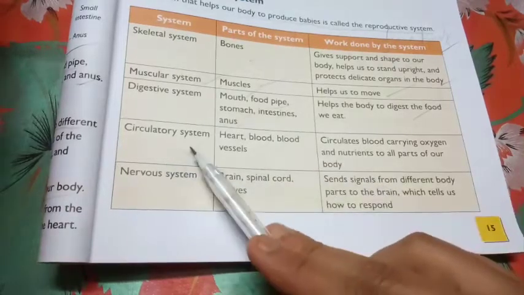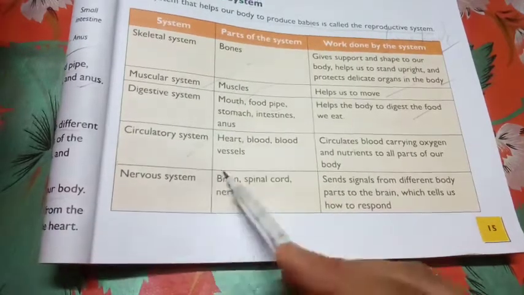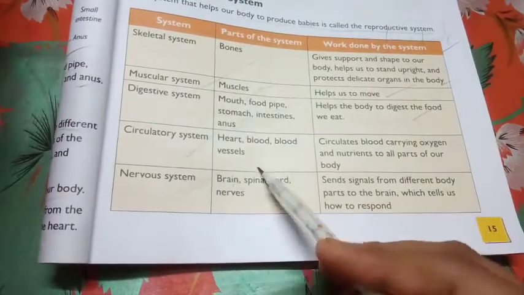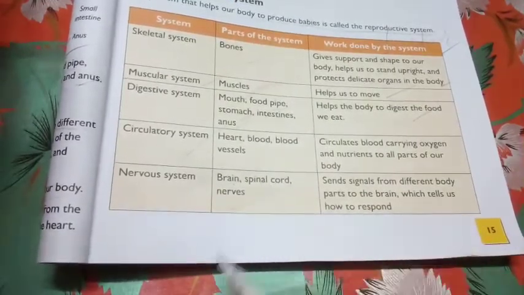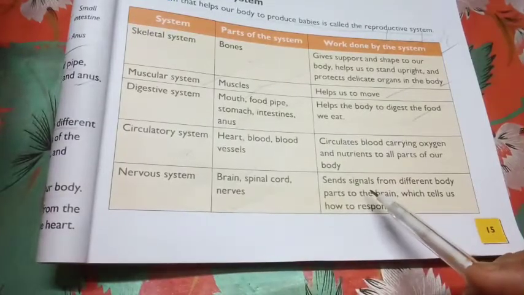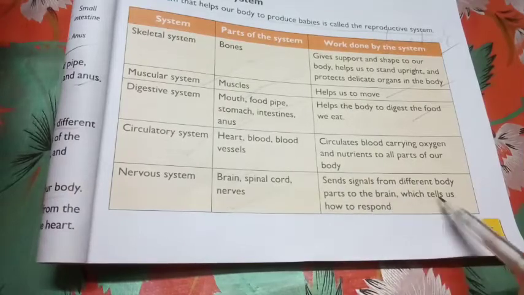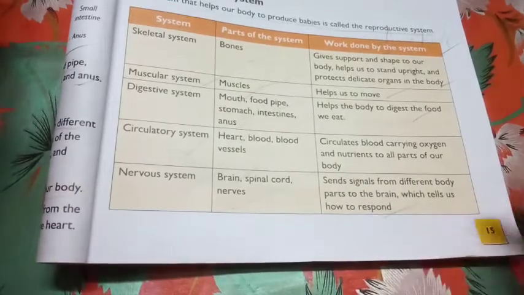That is our circulatory system, which helps to circulate blood throughout the body. Next, nervous system. Organs are brain, spinal cord, nerves. Function performed by our nervous system: it sends signals from different parts to the brain, which tells us how to respond.